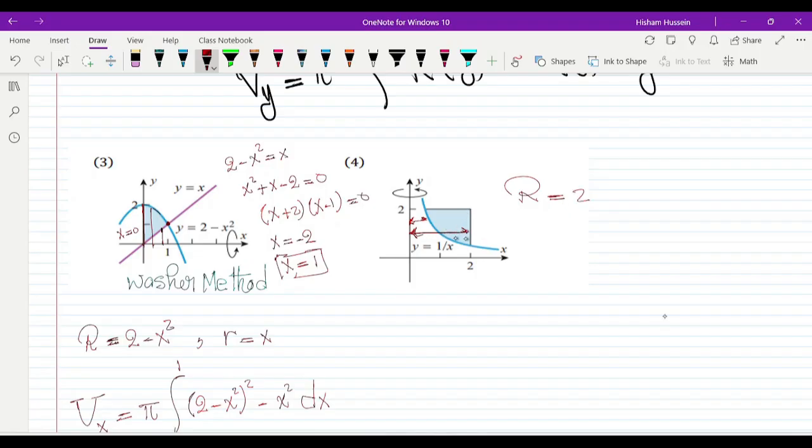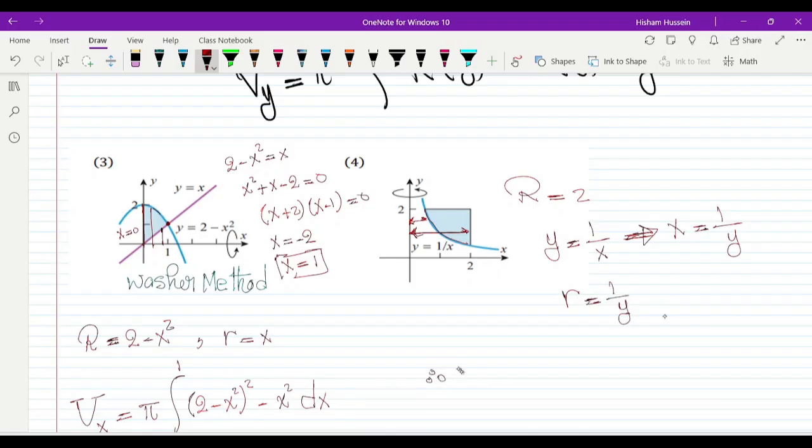This distance is 2. Regarding the smaller radius, the equation of this curve is y equals 1 over x. But we are going to find the volume of rotation about the y-axis, so we need to represent each function as a function of y. So x equals 1 over y, which means the smaller radius is 1 over y.